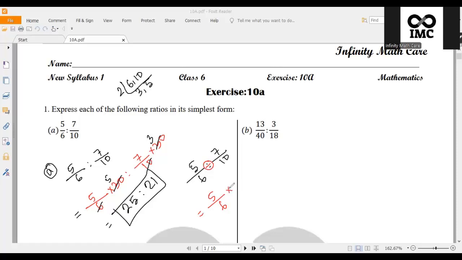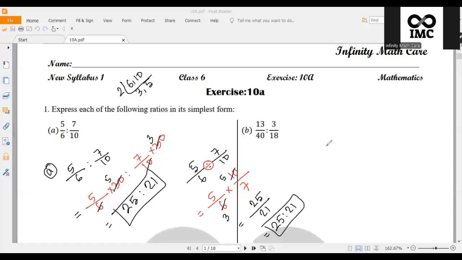So it becomes multiplication, and the reciprocal of 7 by 10 will be 10 by 7. Now cancel 6 and 10 by 2. If we divide 10 and 6 both by 2, then 2 3s are 6, 2 5s are 10. Then we will get 5 5s are 25 by 7 3s are 21, or we can write 25 is to 21.